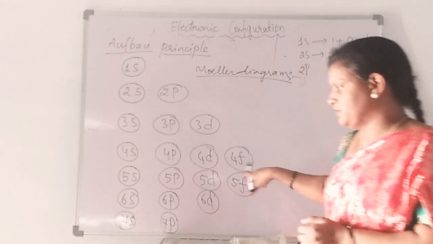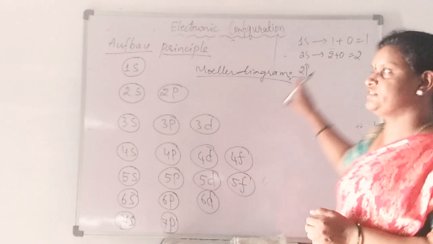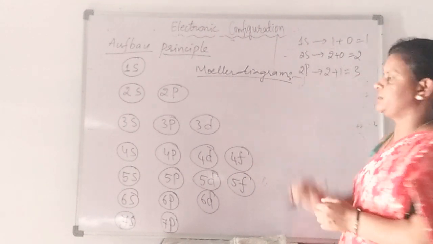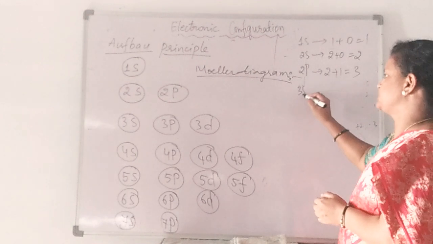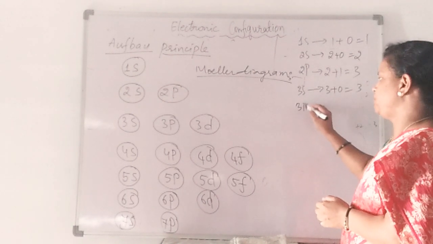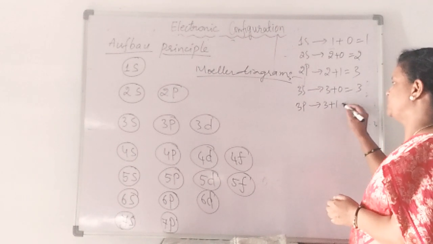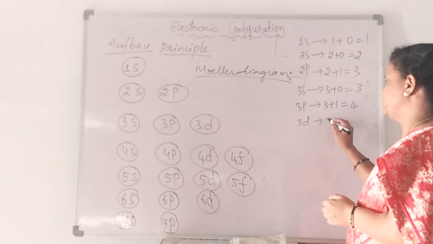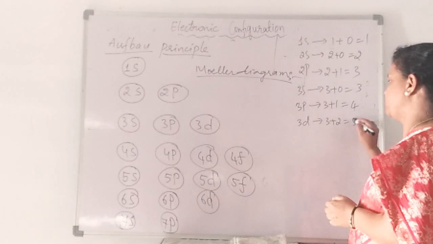Now this line, whatever order we have written here, the same manner we are going to take. 2p means 2 plus 1, that is nothing but 3. Then we'll take 3s here, 3 plus 0, 3. 3p we take here, 3 plus 1, we are going to get 4. Then 3d, 3 plus 2, 5.